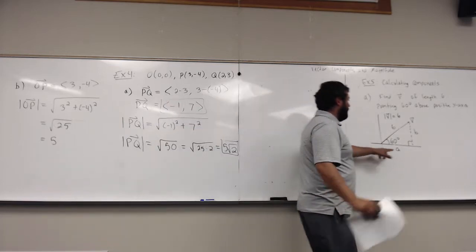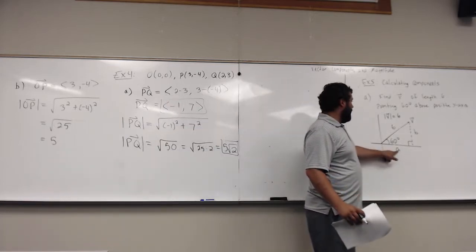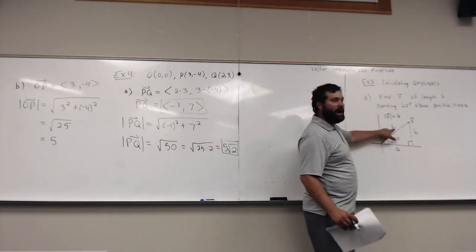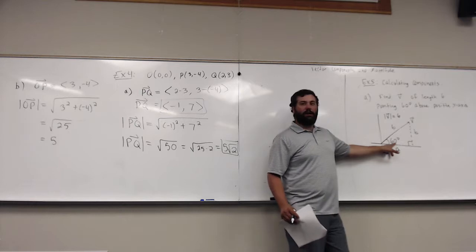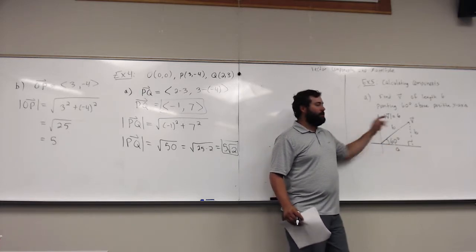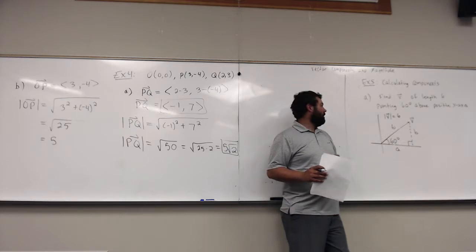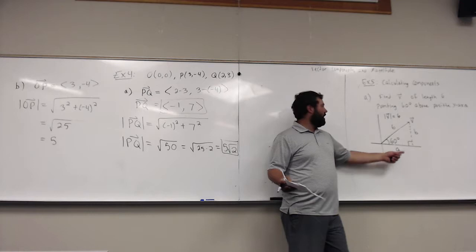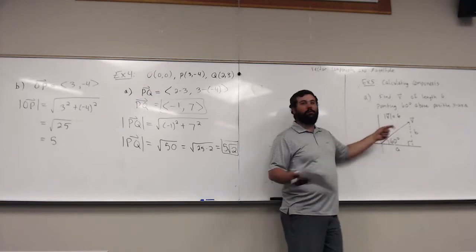If I want to find the x direction, I can solve for A. If I'm trying to find A and I know the hypotenuse, what's a trig function I can apply to 60 degrees to relate the base to the hypotenuse? We can use cosine, because cosine is the adjacent side over the hypotenuse.